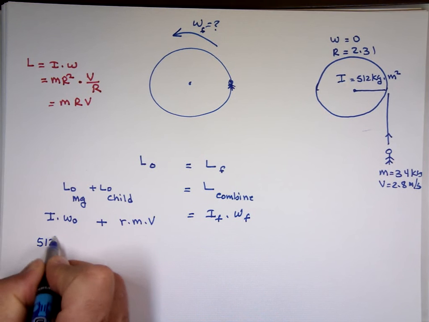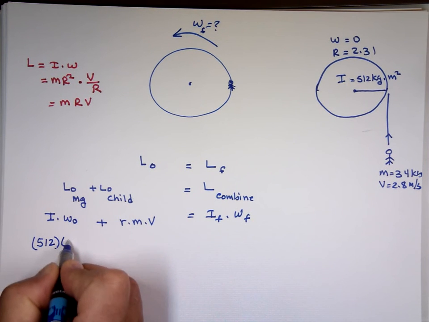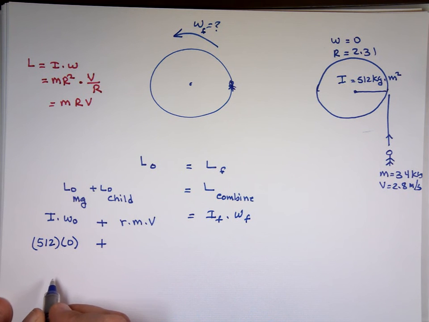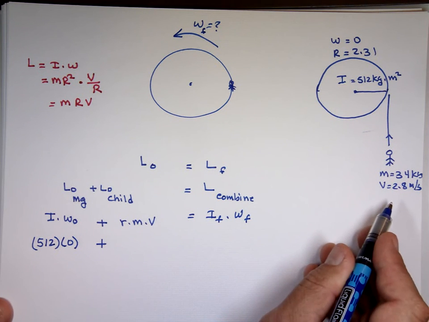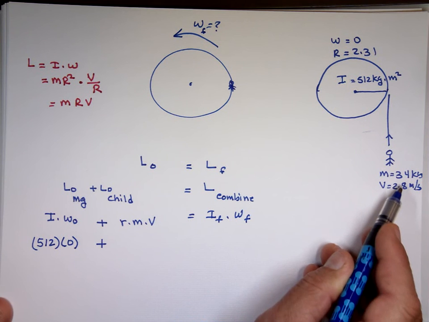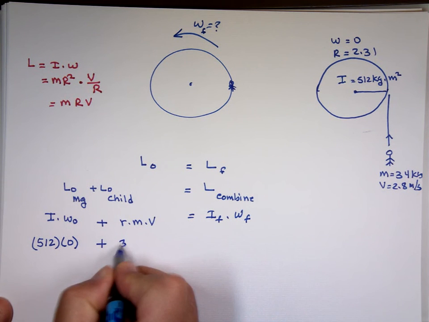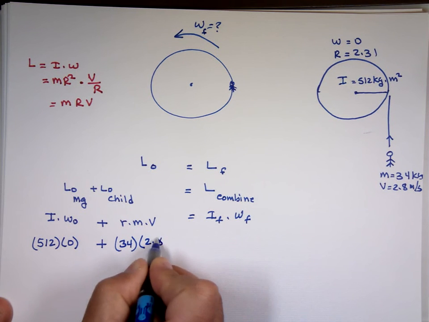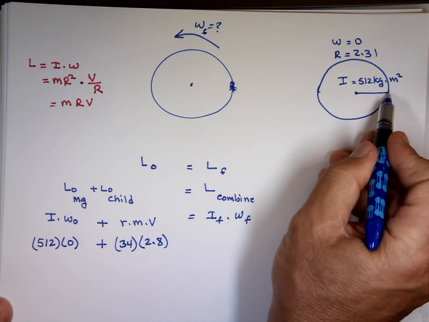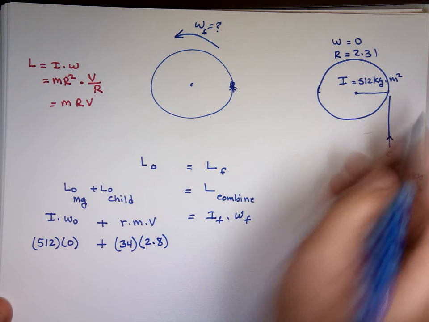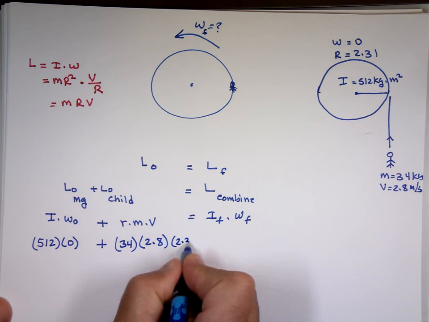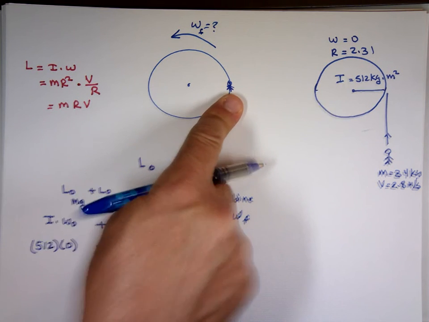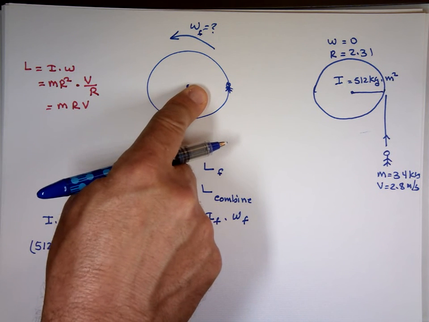Initially not moving, that's 0, plus now the person, the mass of the person, which is 34, running at a speed of 2.8, and I made the person land at the edge, so what is R equal to? 2.31, because he landed on the edge. See why I drew him? If I put him on the inside, it will actually have less, it will move slower.